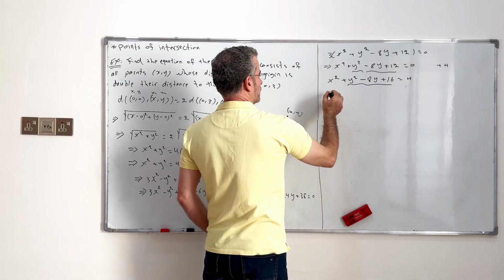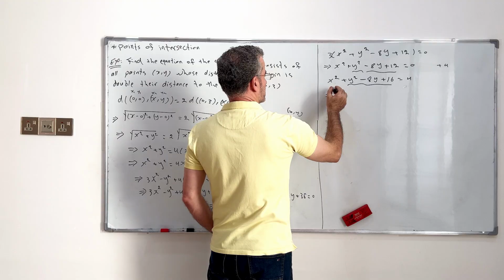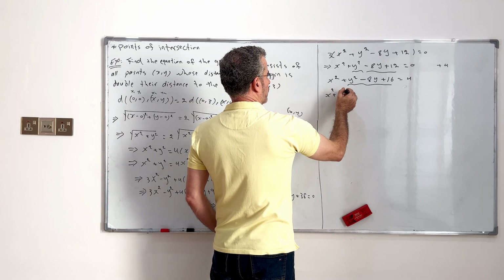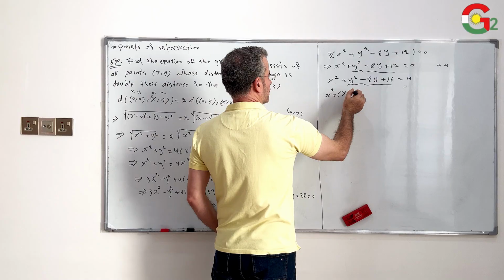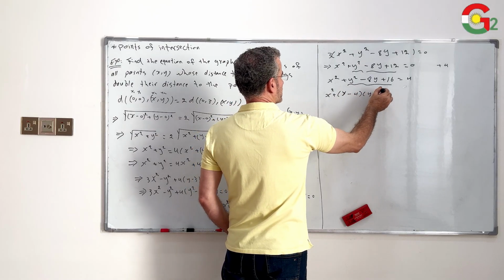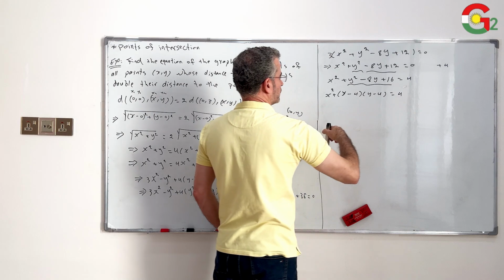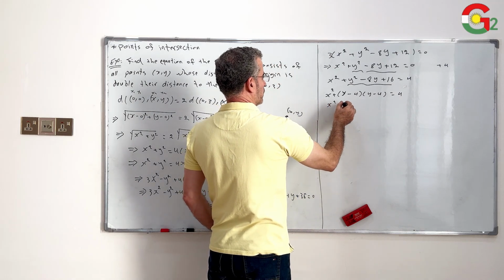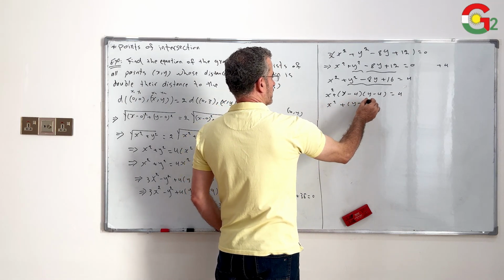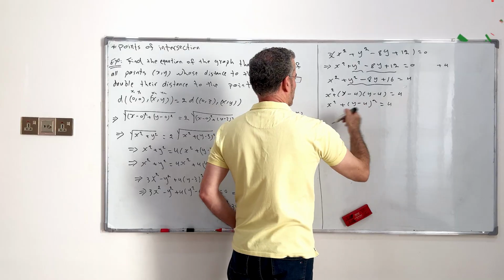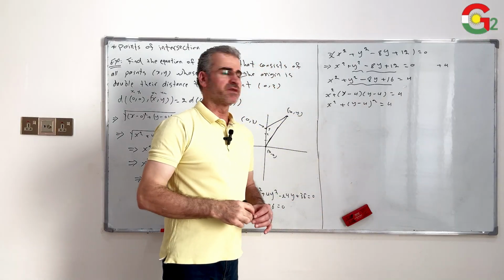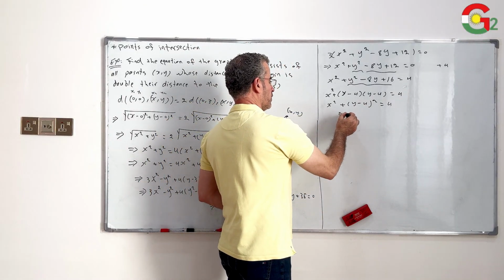I can factor this as y minus 4 squared. Then x to the power 2 plus y minus 4 to the power 2 equals 4. It's the equation of a circle with the center 0, 4.